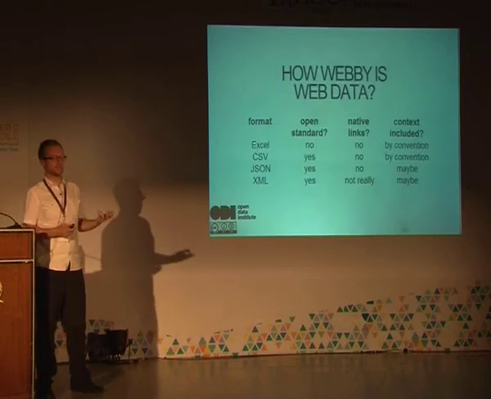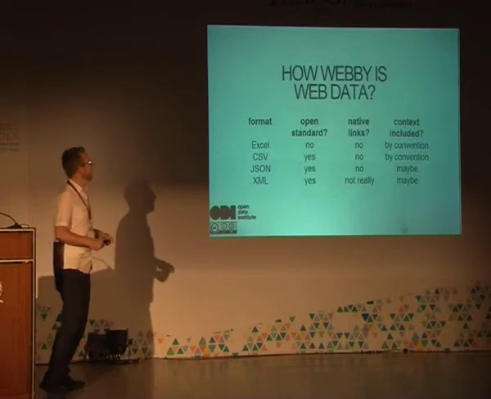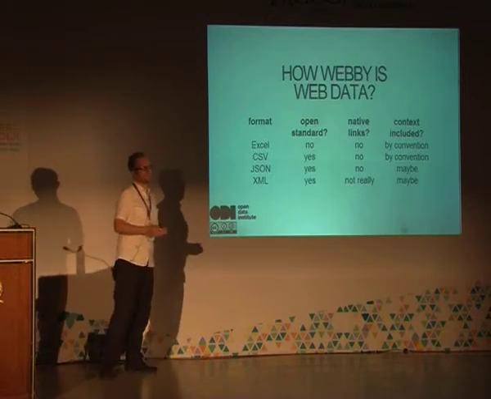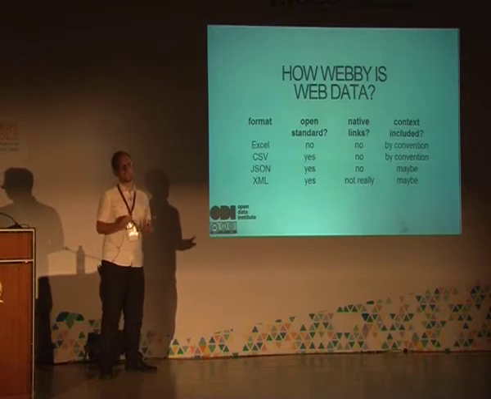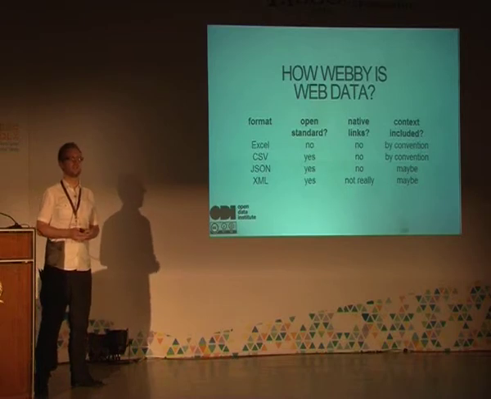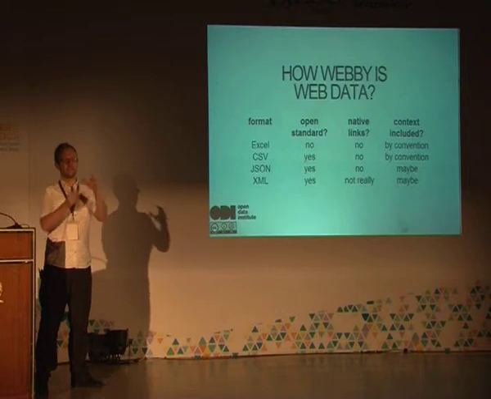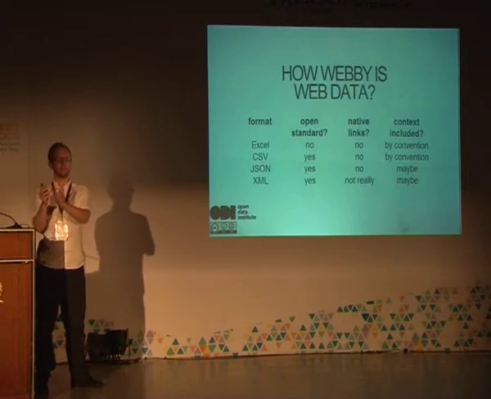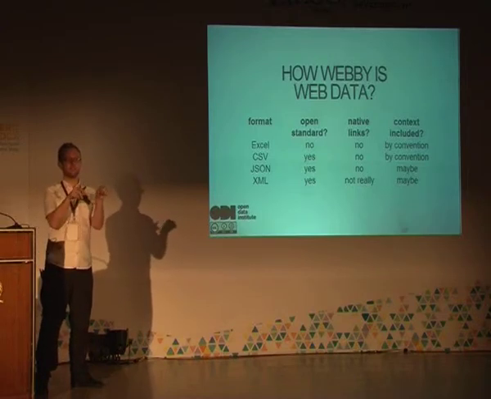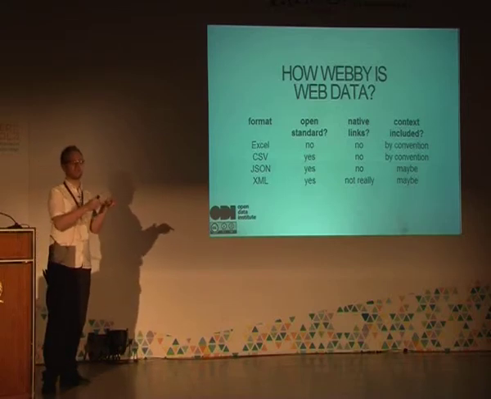XML is in a similar position to JSON in that it does have some notion of native links, in that there's the XML Schema data type anyURI. If I have an XML document and this XML schema, then the schema can say the value of that element should be a URI. So you can use it for validation purposes.